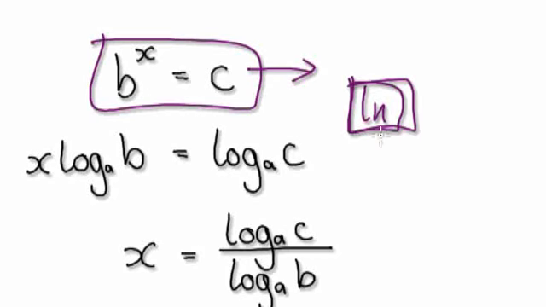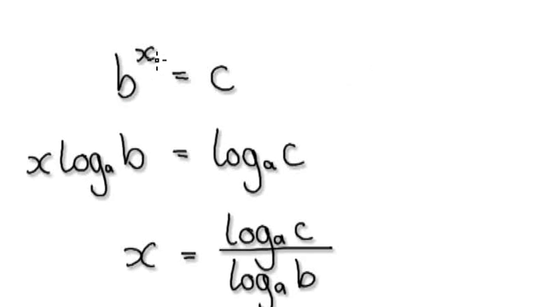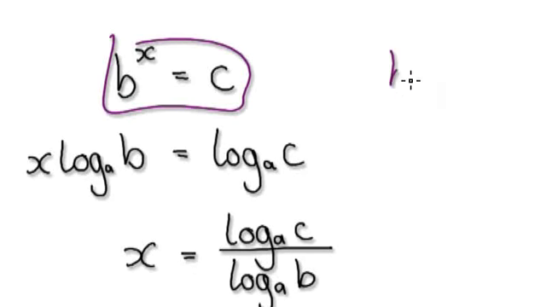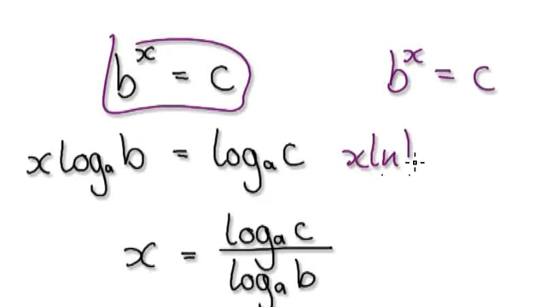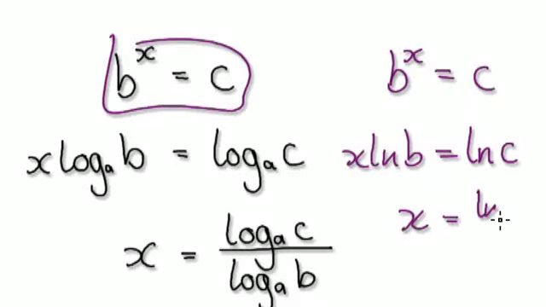Given b to the power of x equals c, you could natural log both sides to get x ln b equals ln c, and then the index equals natural log of c divided by natural log of b. The base a here could be anything, so it works with 2, 3, 5, or even e.